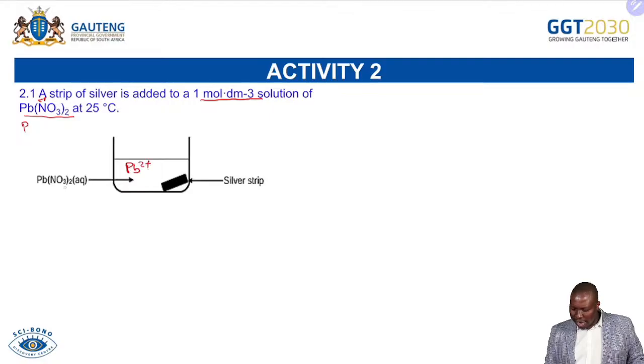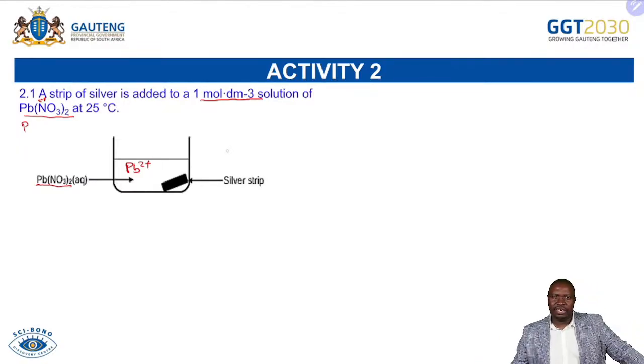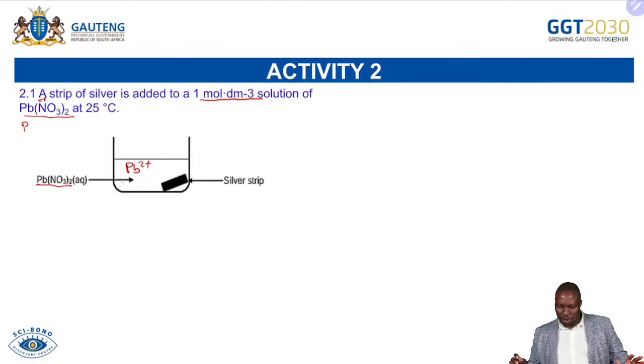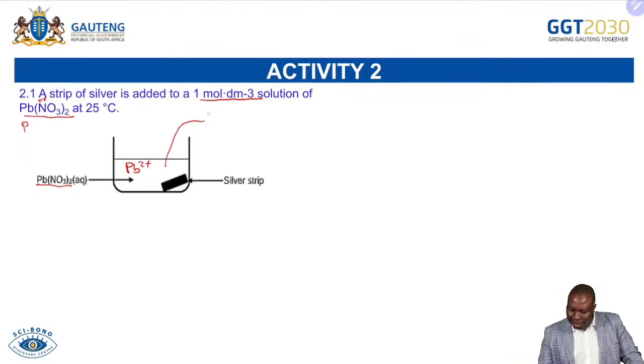Always go to the electrolyte and find the ions. The ions we have are Pb2 plus and NO3 minus. NO3 minus is just a spectator ion that is watching the game, but Pb2 plus is our electrolyte of choice. So we are putting a silver strip, Ag, inside a Pb2 plus solution.